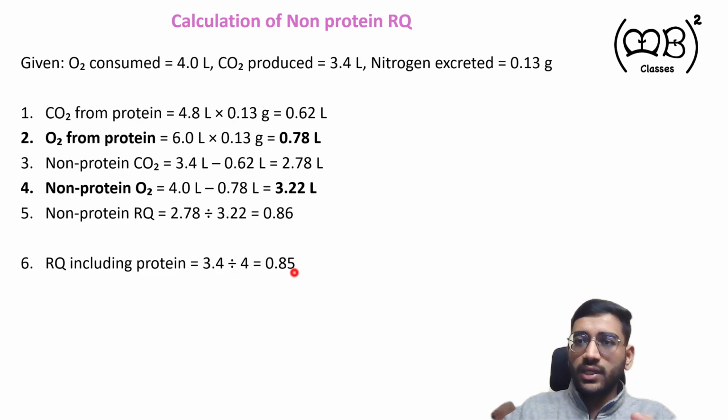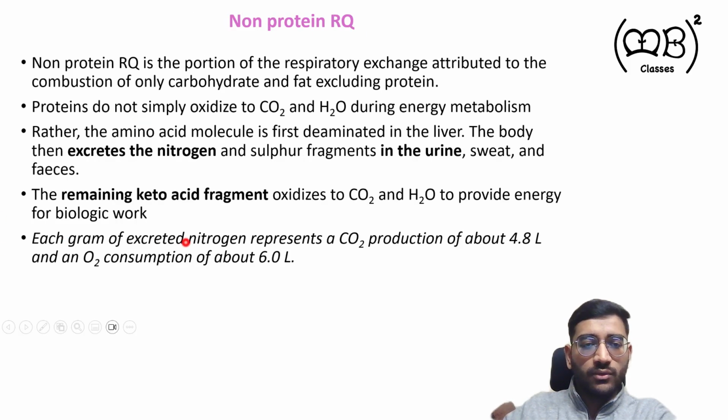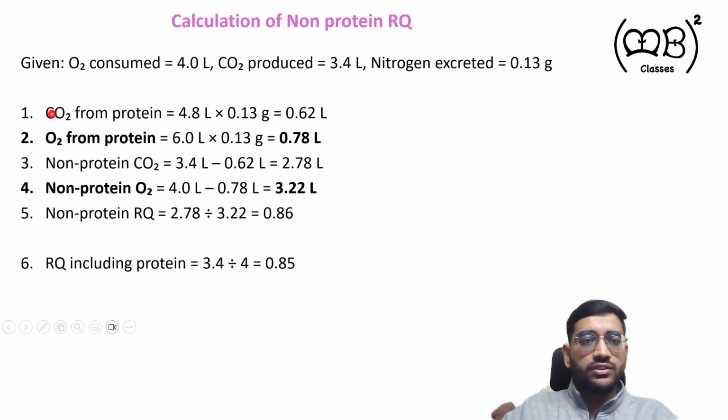If I want to be much more accurate, then I would calculate the non-protein RQ, which is the RQ excluding the proteins. So for carbon dioxide from proteins, as we discussed, each gram of excreted nitrogen represents a fixed amount of carbon dioxide and oxygen. So 0.13 gram of nitrogen would produce 4.8 liters of carbon dioxide per gram, which is 0.62 liters.